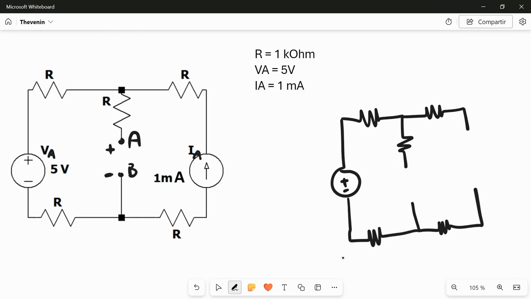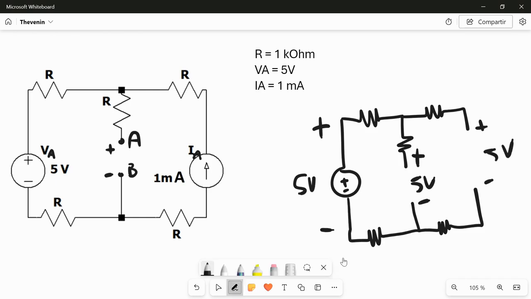This means that, plus here, minus here, we have 5 volt, so we have also 5 volt between these two points, and also 5 volt between these two points. We are just interested in this voltage drop. So we say that the contribution of VA to the voltage drop between A and B is 5 volt.